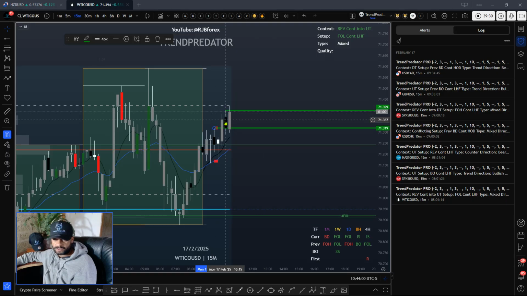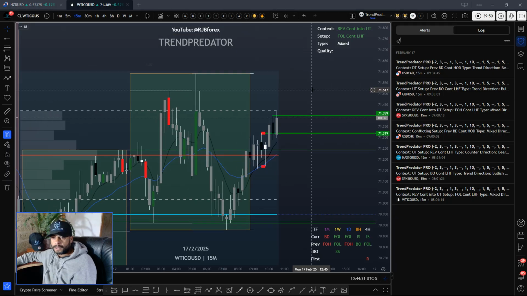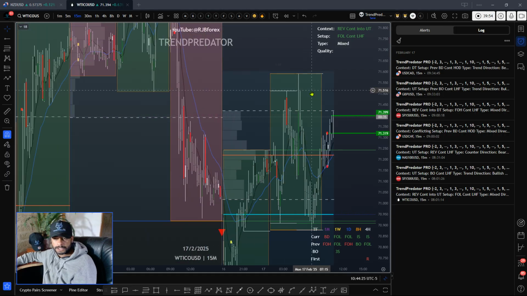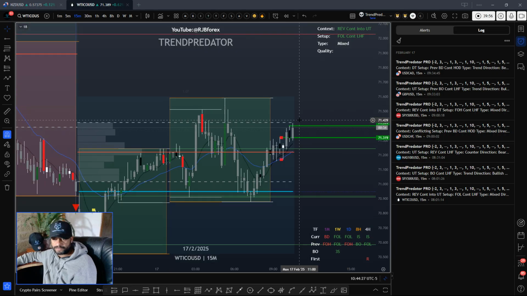So it's contained between the high and the high of Wall Street. And now we've got this aggressive bullish momentum bar pushing higher.